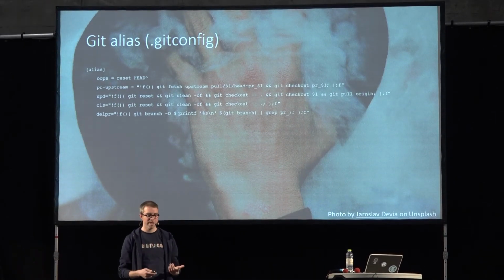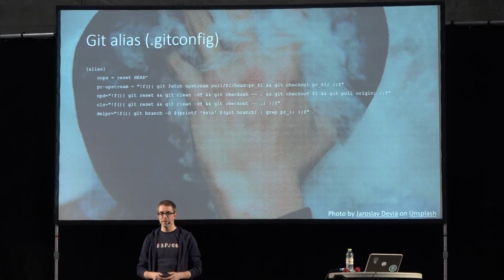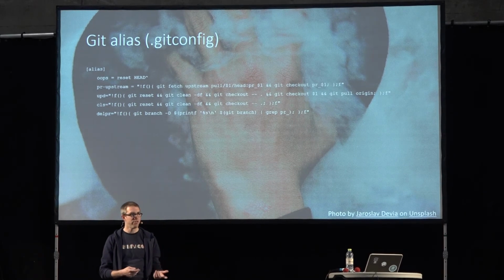This I borrowed from Sebastian, our pull request guru from Umbraco. You can create aliases. So if you do a lot of commands where you type the same thing every time, find the .git config file and add your aliases into that.